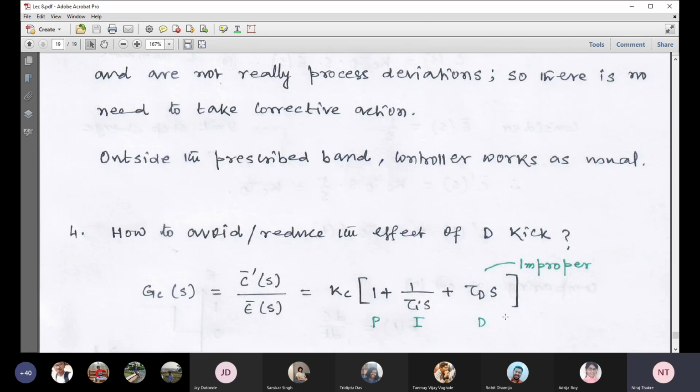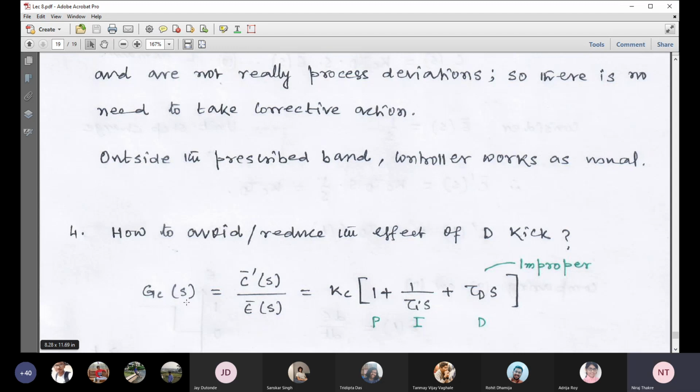In fact, we have used another term, not physically realizable. Because if the order of the numerator is greater than the order of the denominator, in that case we get an infinite value and it's not physically implementable. I repeat, transfer function is basically the ratio of two polynomials.